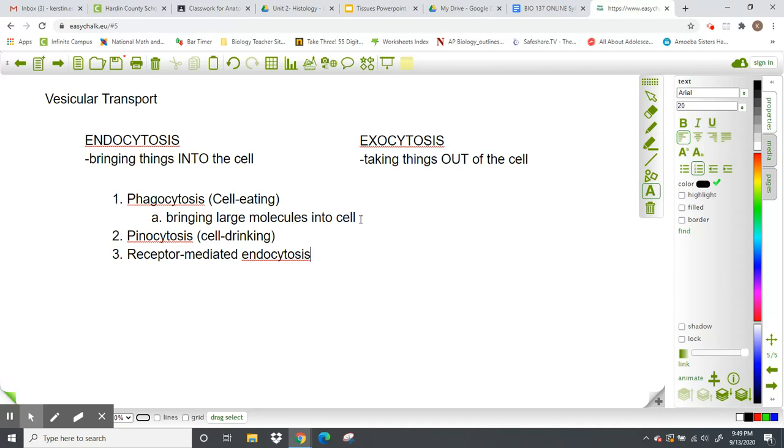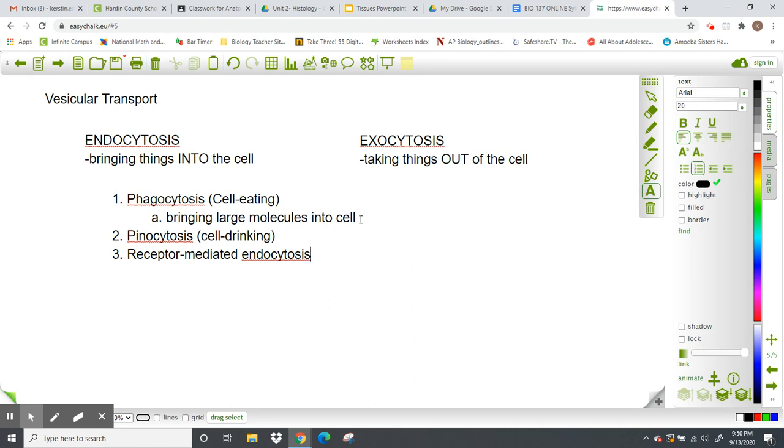And the ligand essentially is the key that's going to unlock the process. Once the molecule that is the ligand gets into the lock, into that receptor, it's going to trigger the invagination of the cell membrane in that area. That's going to bring in a large amount of whatever that molecule is.